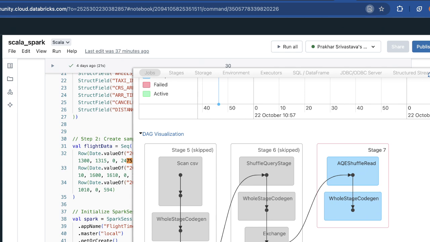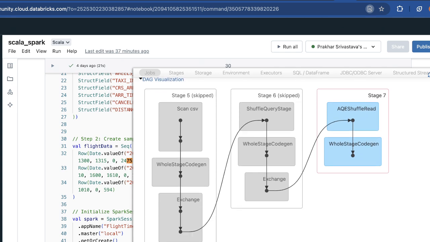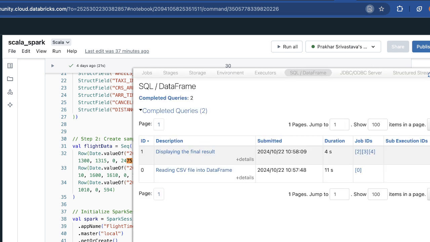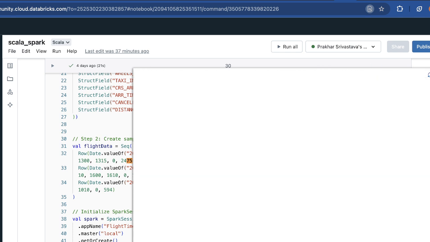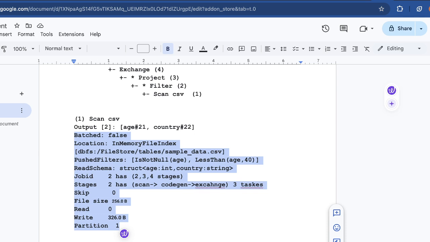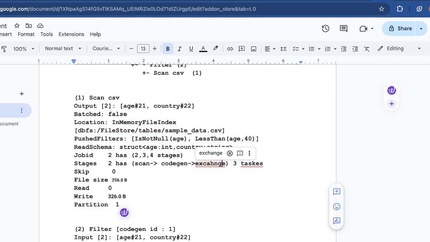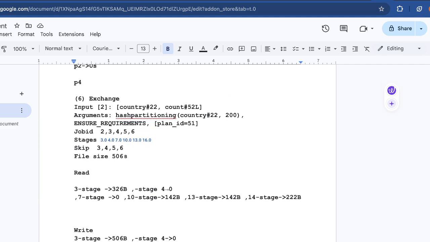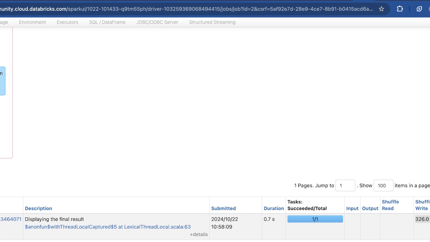Let's look at each stage. Only 3 stages were created, 2, 3, 4, but in the earlier example stages went up to 16. Stages 3 to 16 were created without AQE, but this is not the case here.